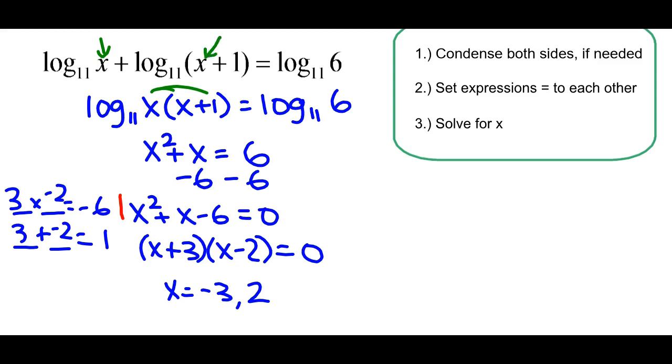That expression is still a positive number. However, if I were to take negative 3 and plug it in right here, I'd have log base 11 of negative 3, and I can't have that. I can't be taking the log of a negative number. So this one is out, and my only answer in this case is x equals 2.